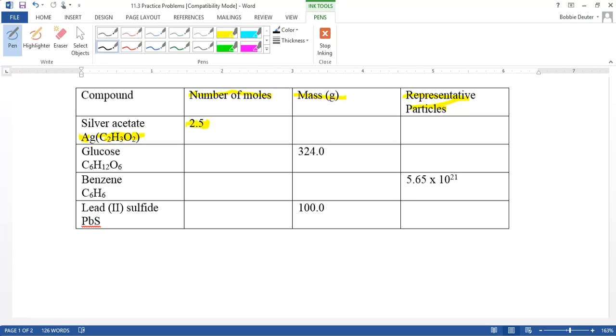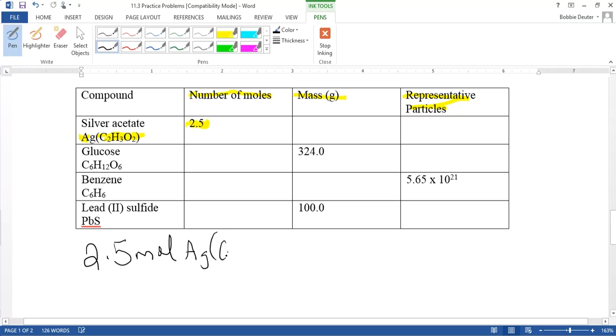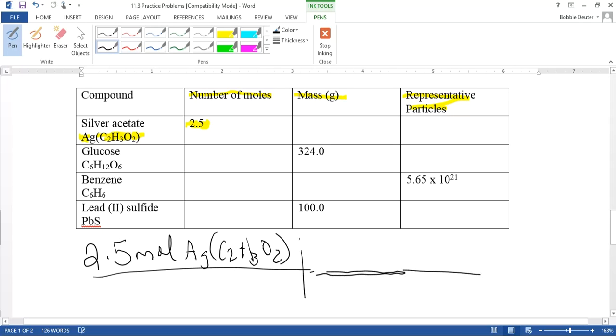So if we start with 2.5 moles of AgC2H3O2, we're going to convert that into grams. So now, for this, we have to find the molar mass of this.